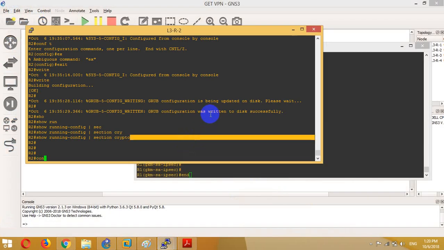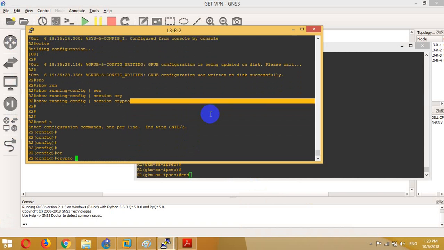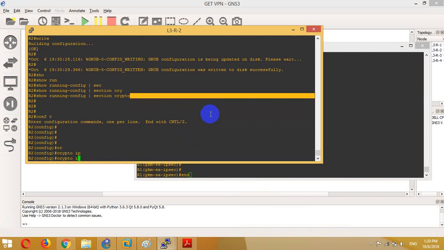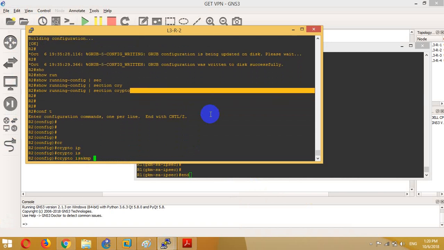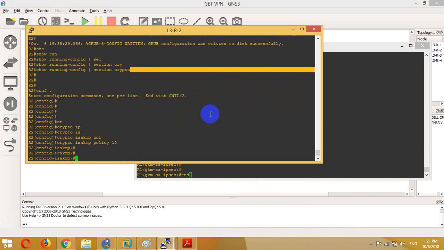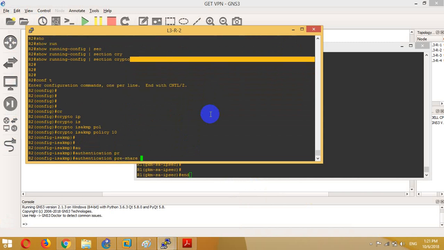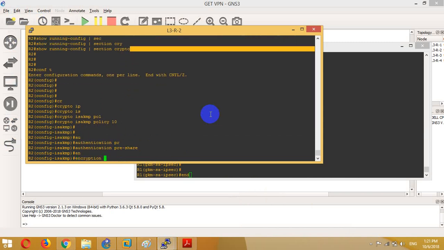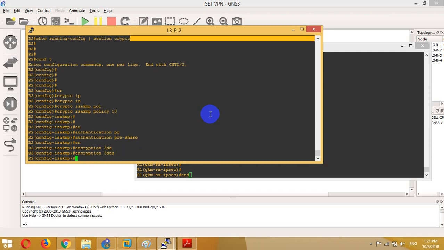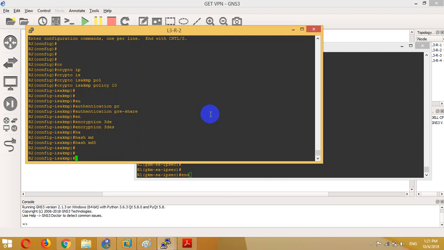In the group member, conf-t, I'll configure phase 1: crypto ISAKMP policy 10, then encryption, authentication, pre-shared key. Encryption 3DES, hash MD5, and what else?